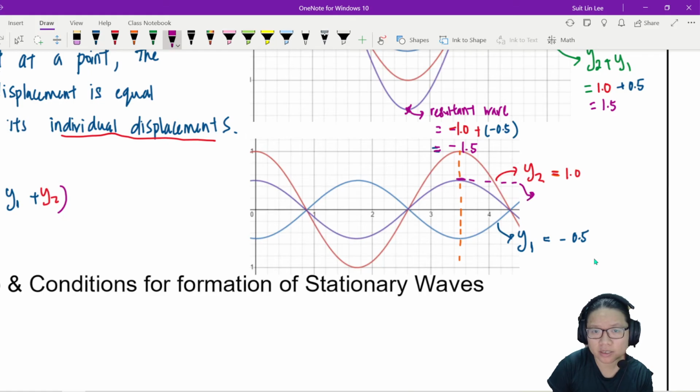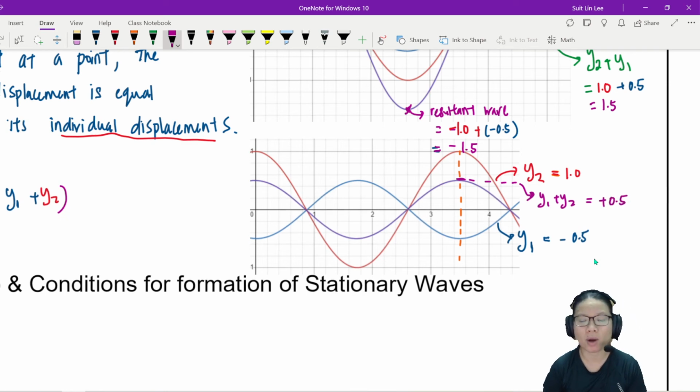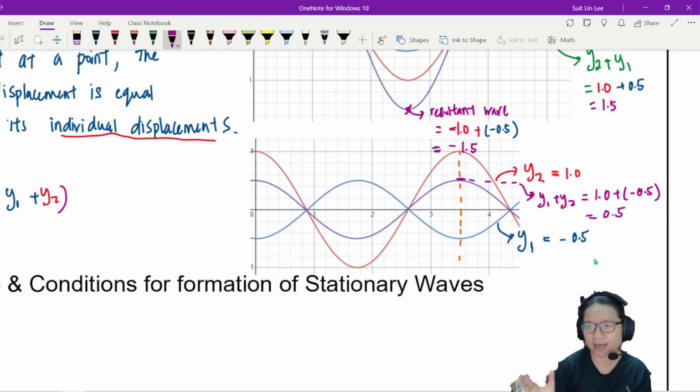So this one is y1 plus y2, which is actually positive 0.5. 1.0 plus negative 0.5. It is a sum, so generally speaking, I don't really care which one you add to which one, as long as you add them up. Right? That's the principle of superposition.